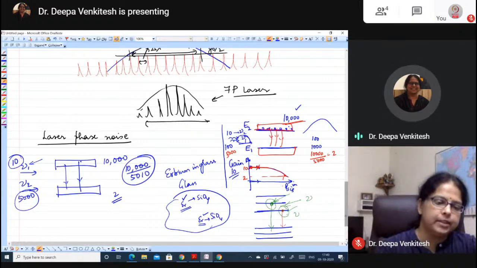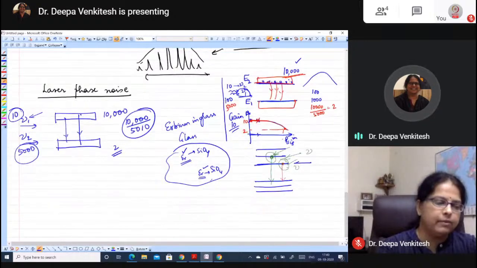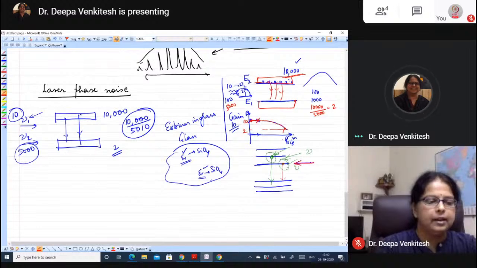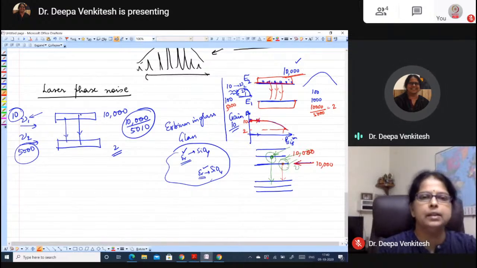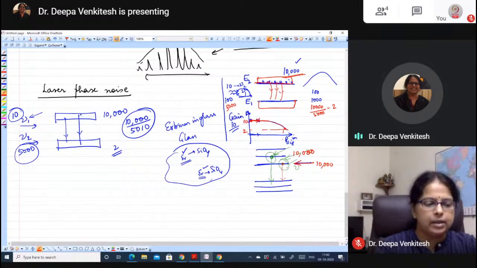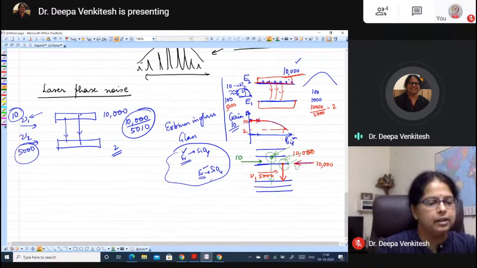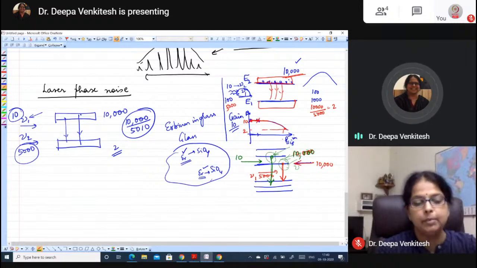Whereas in an inhomogeneously broadened system, let's say you have something like 10,000 ions here, and another 10,000 ions corresponding to this other energy state, right? You can completely saturate the red by going in with 5,000 photons in nu1, but if you go in with 10 photons in this frequency nu2, which is in the green, you see there is a separate set of 10,000 ions available for green.